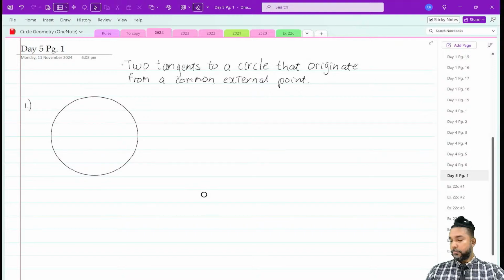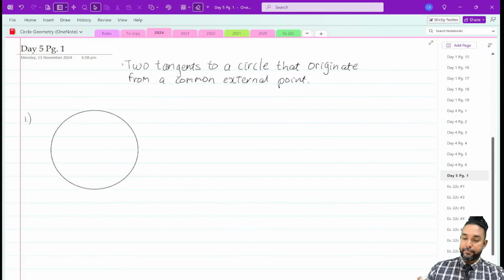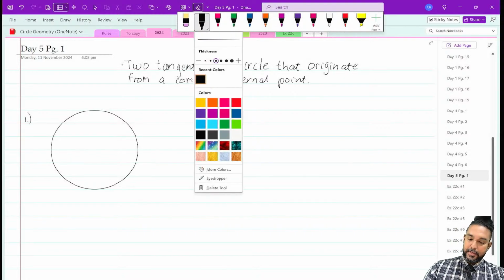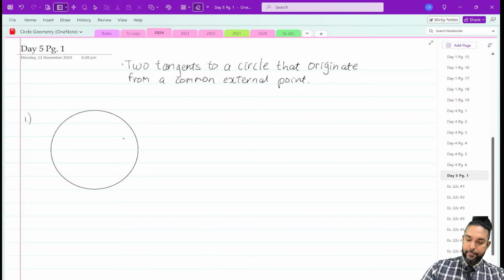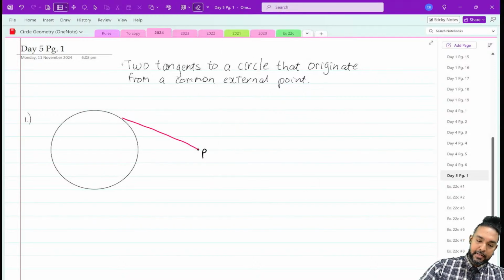All right. So we have a circle, and like I said, we have two tangents from a common external point. It means that the two tangents start at the same point outside the circle, right? So let's say we have a point here. Let's call that point P. And let's say we have a tangent from P right to there, and let's do a green one.